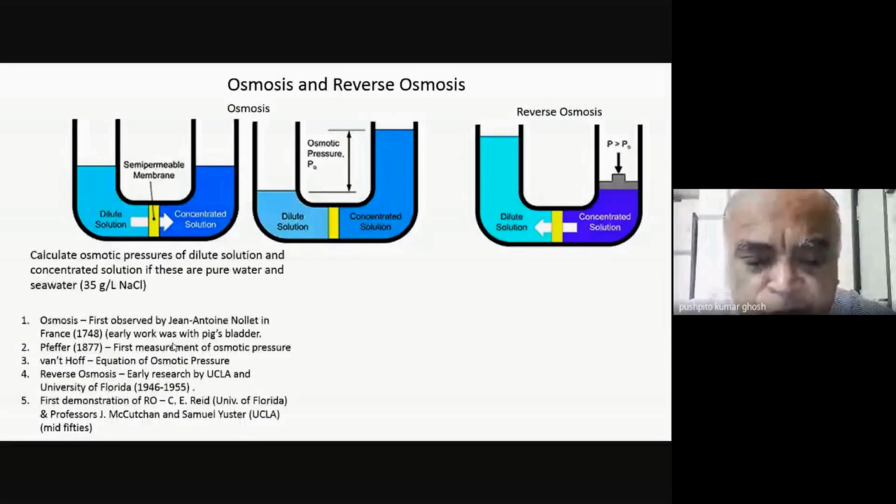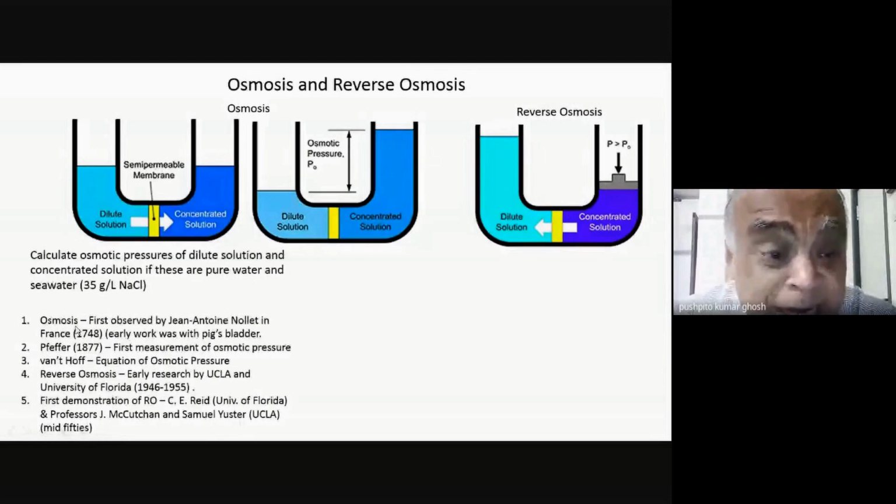And the people were so smart, they thought that maybe kidneys do some kind of filtration, and that's the job of the kidneys. So they took the pig's bladder and used it as a membrane. So the semi-permeable membrane was really pig's bladder. And they found that water flows from dilute solution to concentrated solution. So that's the first observation of osmosis.